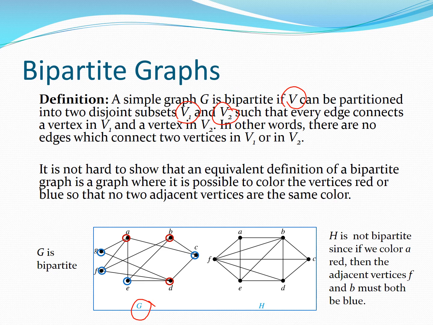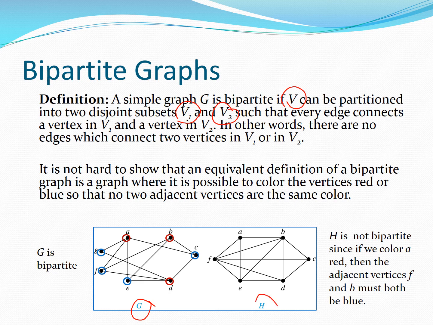If you divide it such that A, B, and D are in one set, and C, E, F, and G are in another set, and you notice carefully, every edge in this graph joins one of the vertices from your first set V1 that contains A, B, or D to one of the vertices from the other set that contains G, F, E, or C. So G is said to be a bipartite graph.